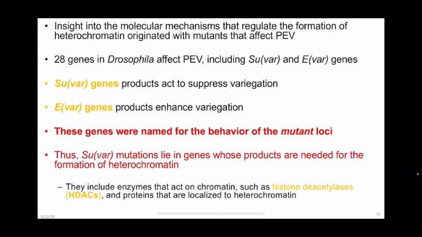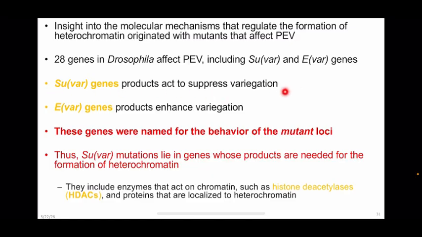This is about the Su-var and E-var genes. Twenty-eight genes in Drosophila affect PEV, including Su-var and E-var genes. You can call them suppressor of variegation genes and enhancer of variegation genes. But these names were given to them based on the behavior of the mutant organisms.